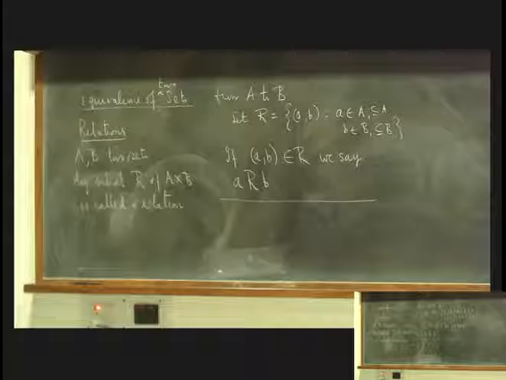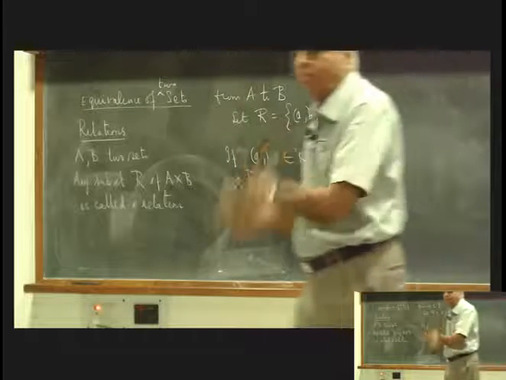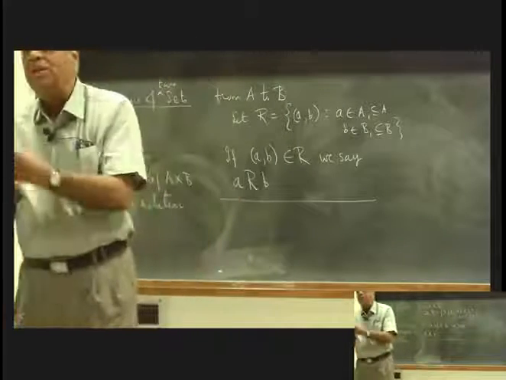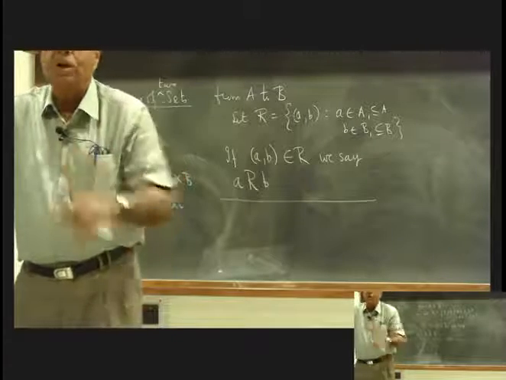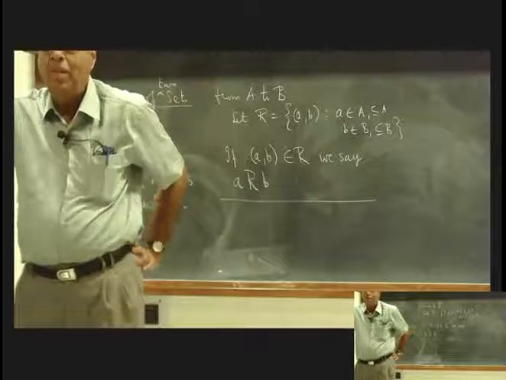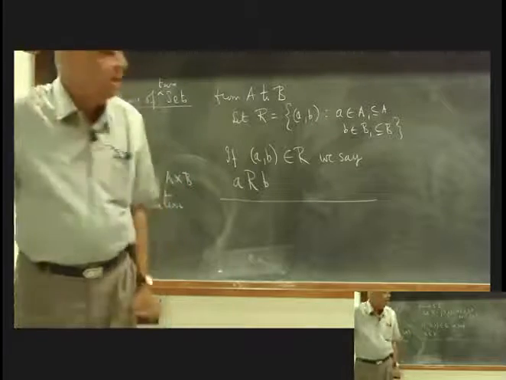So every function can be thought of through its graph, and therefore a function is also a subset of A cross B. So every function is automatically a relation, but it is a very special type of relation.